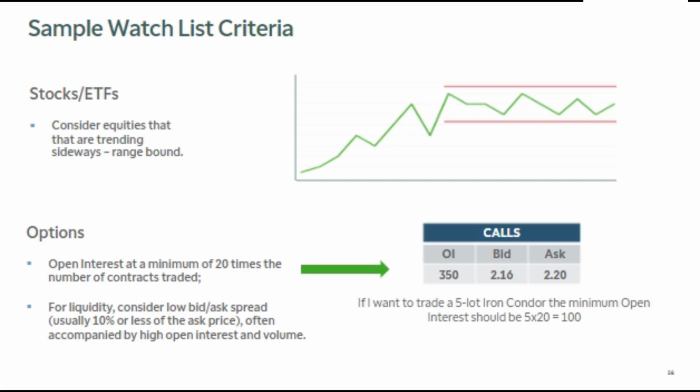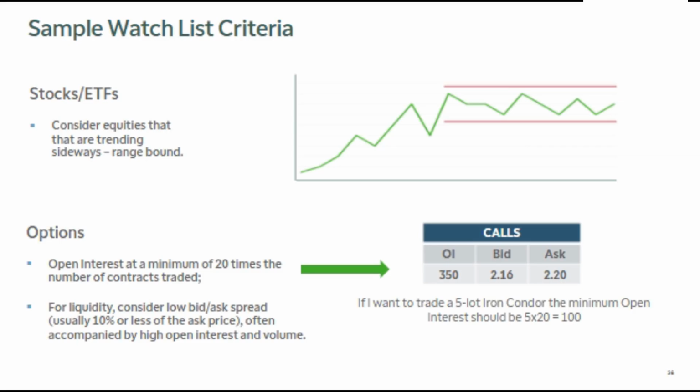So depending on the number of contracts we're going to trade, we want open interest to be 20x that. Just another way to gauge liquidity with our options trades. So for instance, if we want to trade a 5-lot iron condor, then minimum open interest should be 5 times 20, at least 100. Open interest 350, that one qualifies.